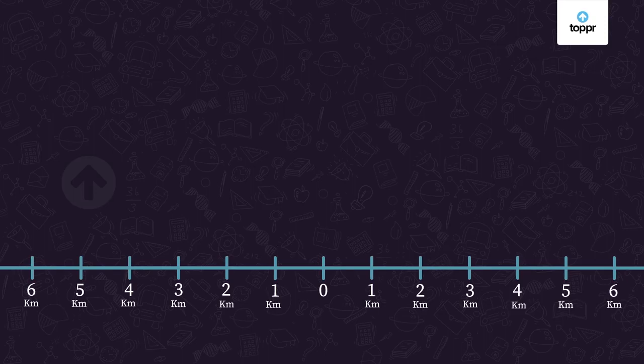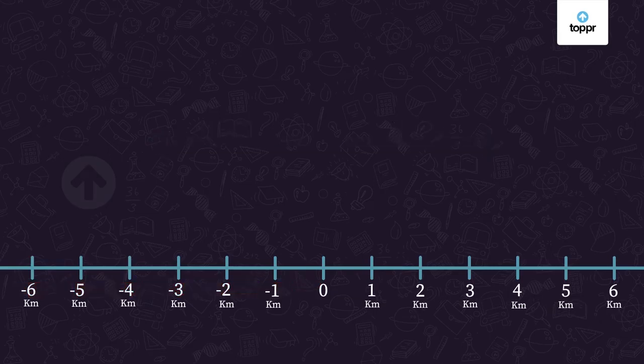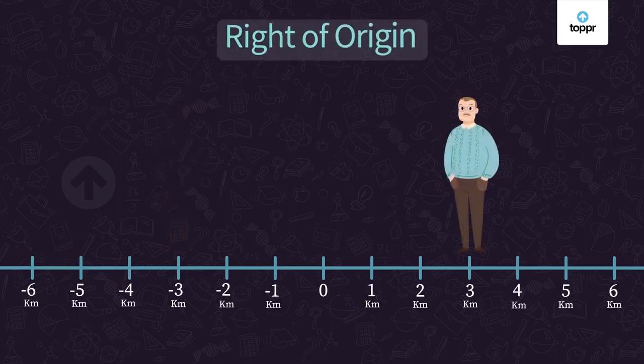Now in one dimension, we have only two directions, forward and backward, which we can denote with a positive and negative sign. So if a person is at 3 kilometer distance left from the origin, its position is minus 3 kilometers. And if he is at the right of the origin, its position is 3 kilometers.